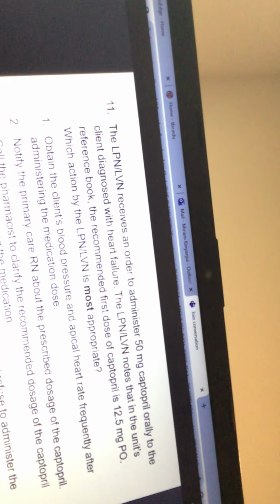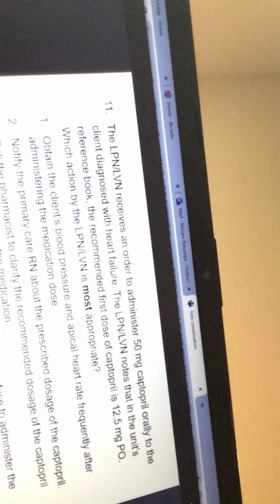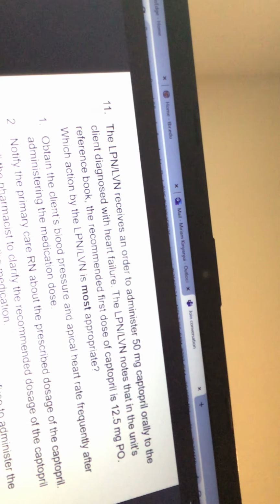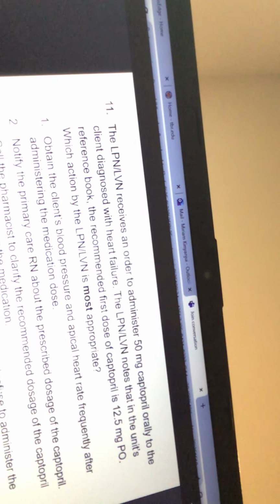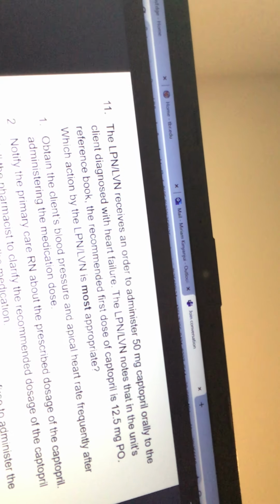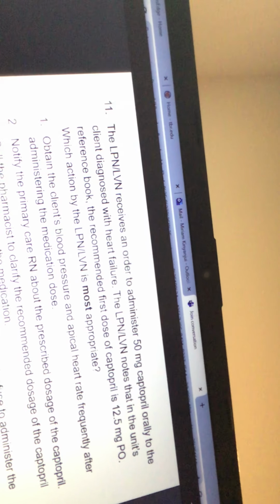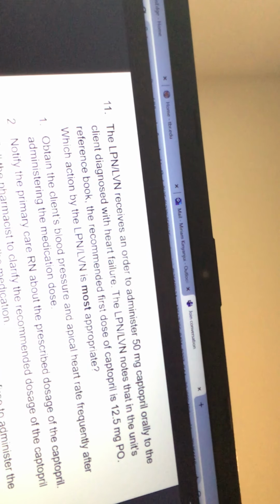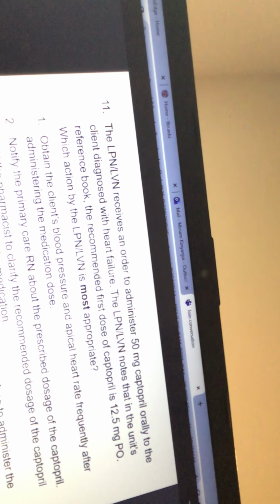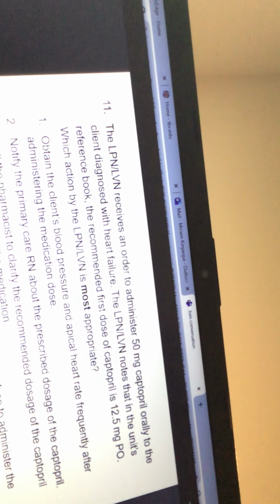Now between 2 and 4, those are both I's. Maslow and ABCs don't really help us. So we're left with those 2. Which one is it that you're going to keep the patient safe? Number 2. Very good, you guys.